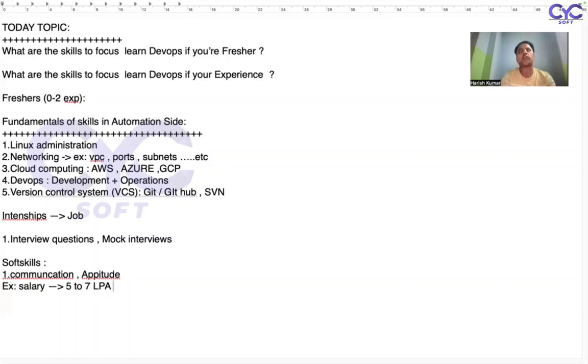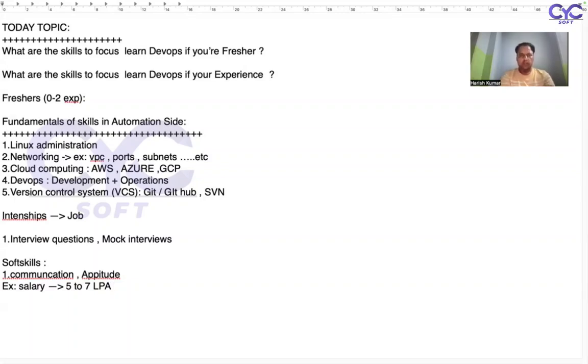It depends upon your company, guys. If you're working at an MNC company, it should definitely be 5 to 7 lakhs LPA. Those in middle-level companies, it will be around 3 to 5 lakhs. Those in startups, it will be around 2 to 3.5. Please go according to your skills and norms.